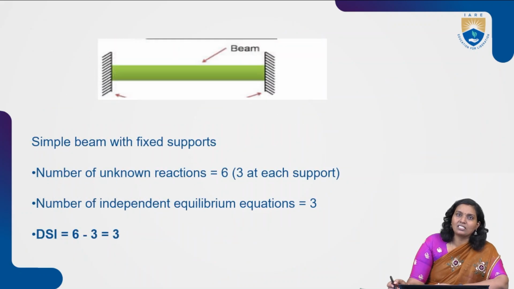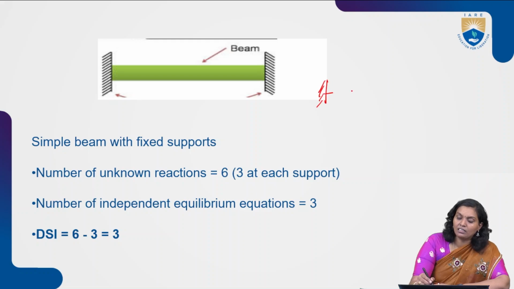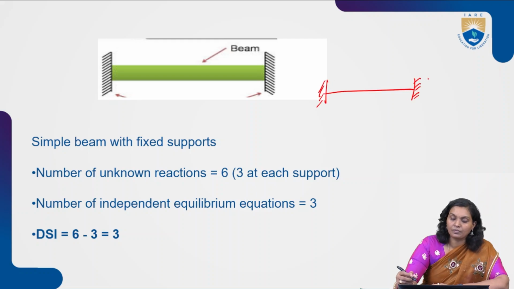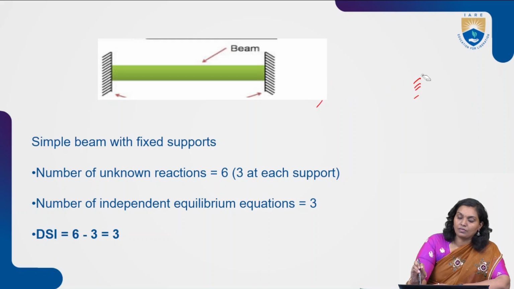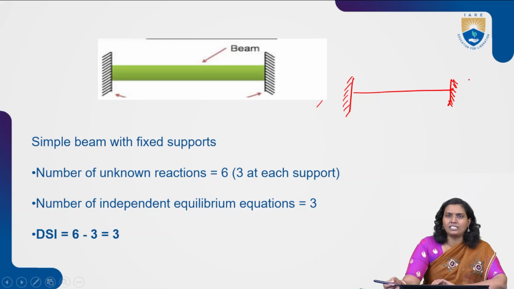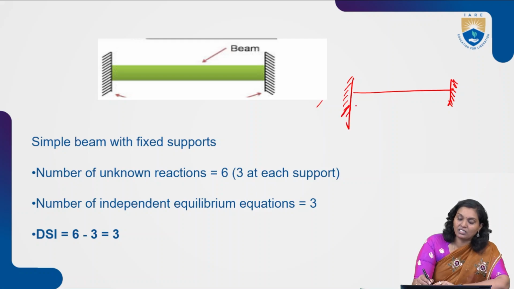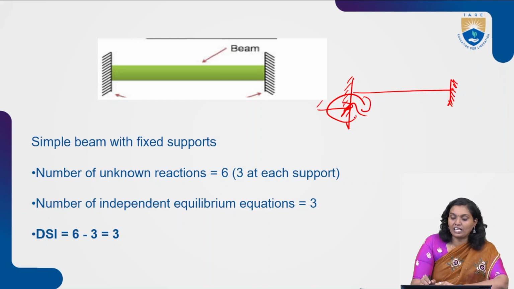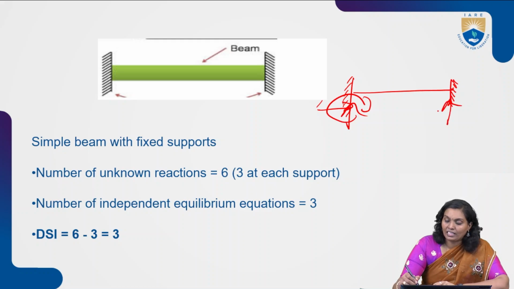Here, to understand, consider a beam with both ends fixed. The number of reactions at a fixed end is 3: along the X-axis, the Y-axis, and the rotation.